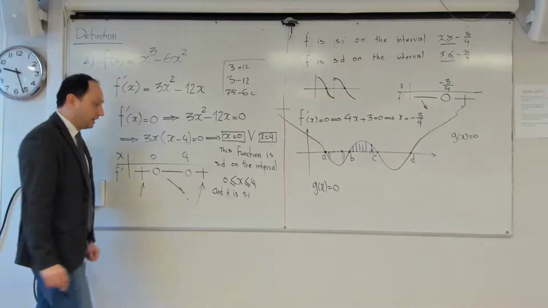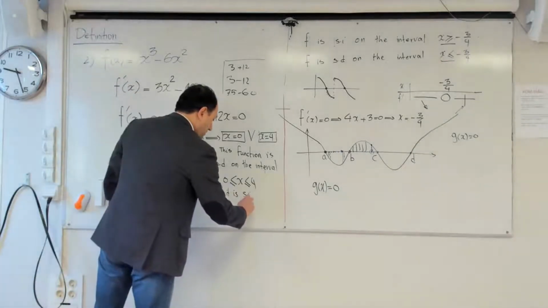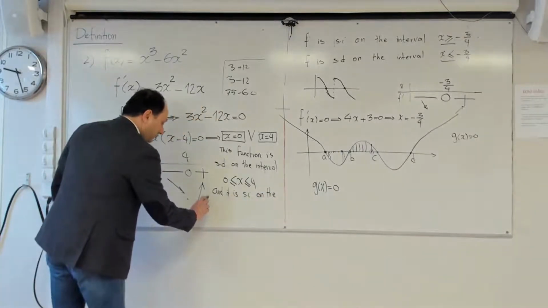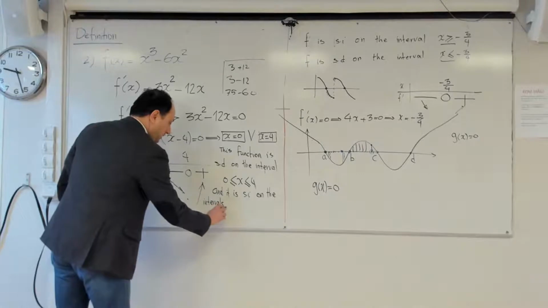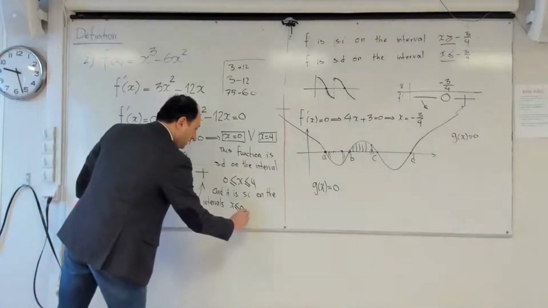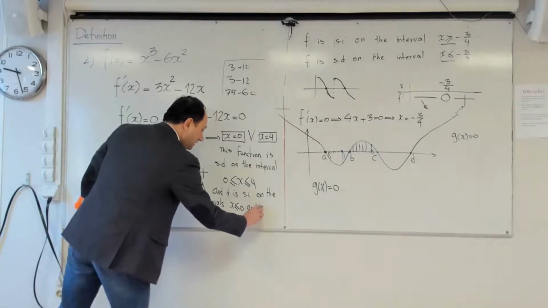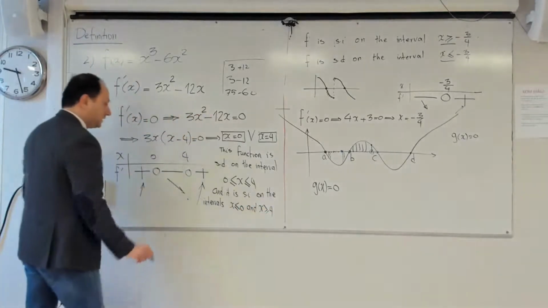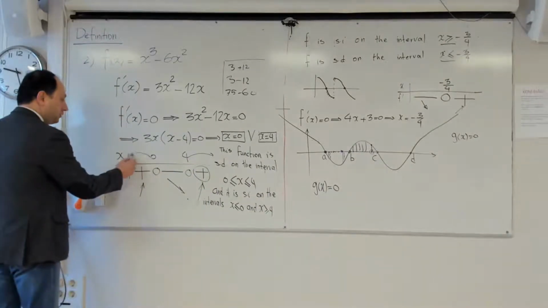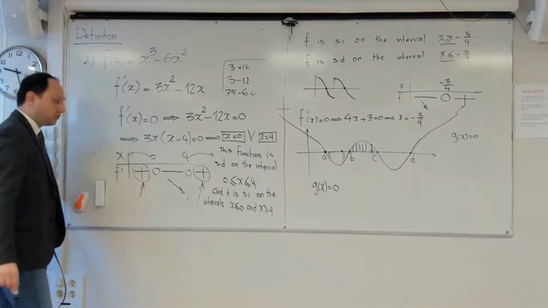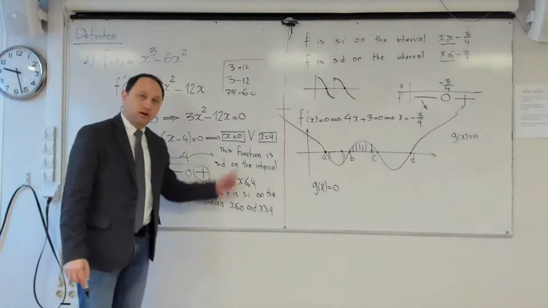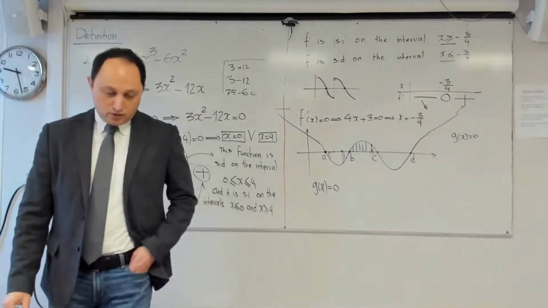Once here, once there. It is strictly increasing on the intervals x less than or equal to 0 and x greater than or equal to 4. So you see, after 4, it's positive, it's increasing. Before 0, it's positive, it's increasing. Between 0 and 4, it's negative, it's decreasing. You have to write this at the end so that I can realize you have understood it correctly.